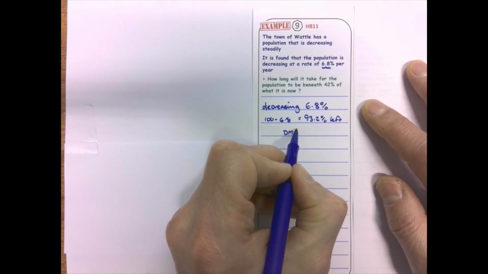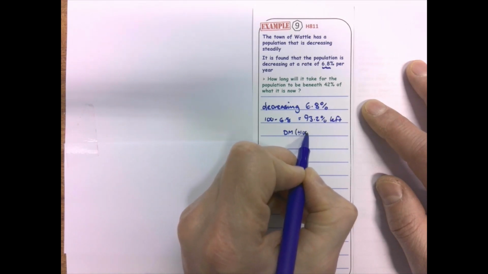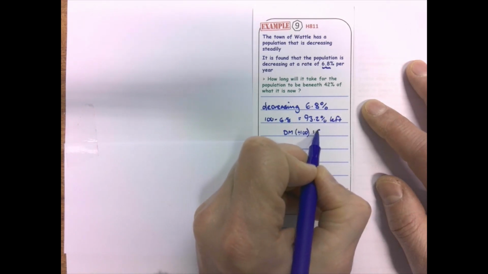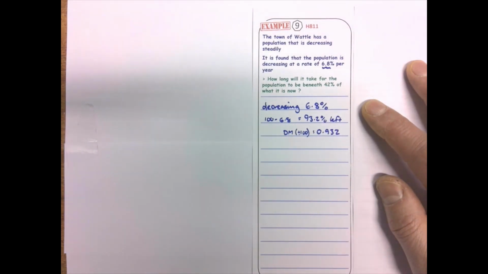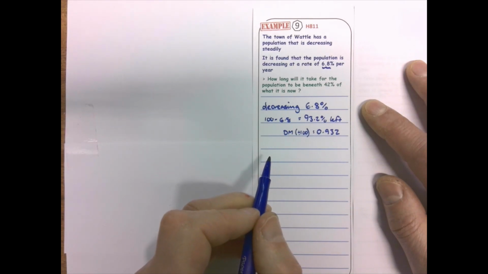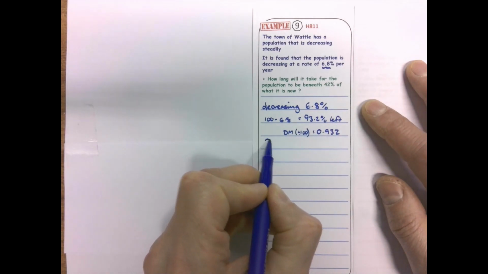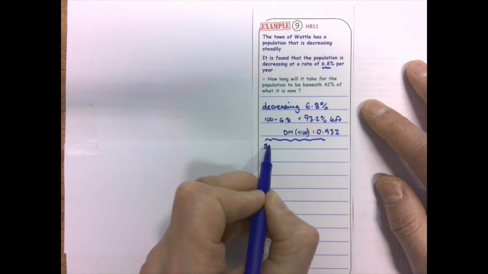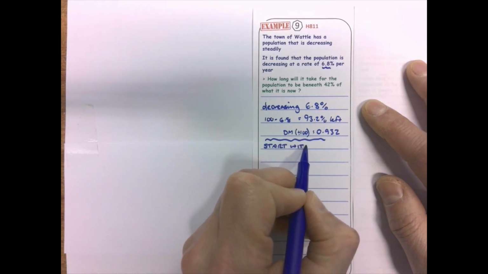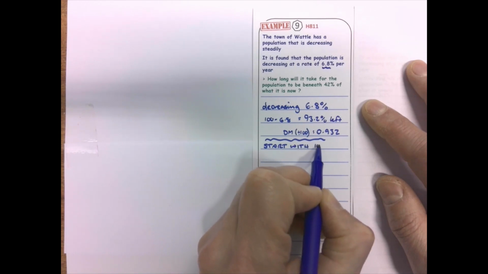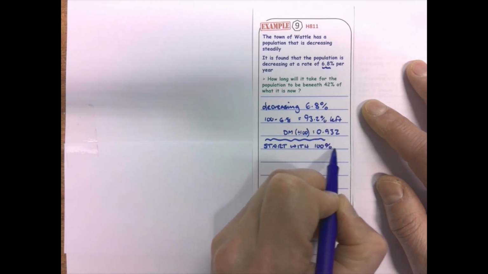Now as a decimal multiplier, we just need to divide by 100, right? So that's equal to 0.932. Now we start with 100% population, right?